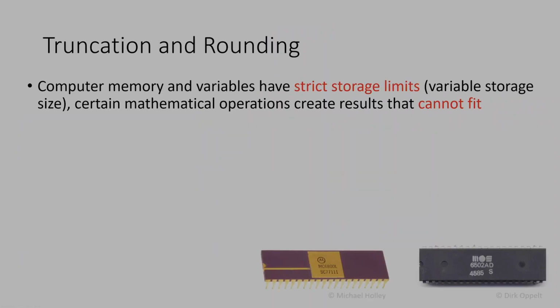So computers and computer memory have strict storage limits. Certain mathematical operations result in binary numbers that we just can't fit into those storage limits. Sometimes it's hardware related, sometimes it's software related.